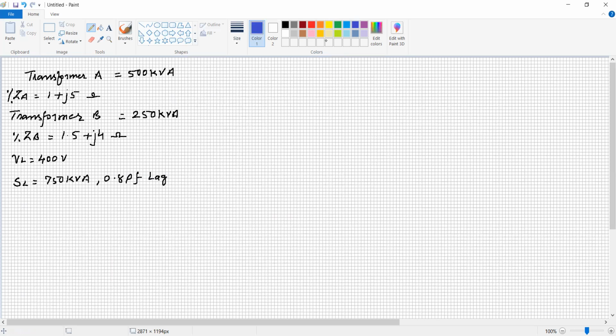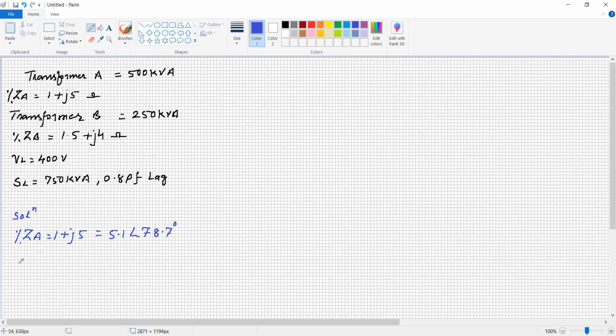Now, here ZA and ZB are given. So percentage ZA is 1 plus J5, which is equal to 5.1 at an angle of 78.7 degrees. Okay, the base load is 500 kVA. The two transformers are 500 kVA and 250 kVA, so the base kVA we will take as 500 kVA.